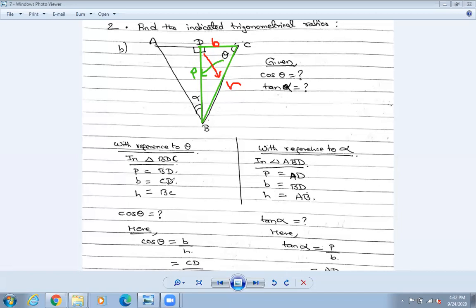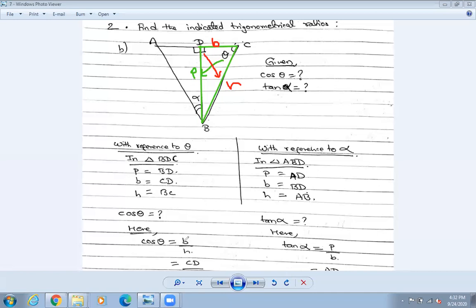Is it okay? Now, what do you need to find out? Cos theta. Alpha is for the other triangle. Here is theta. So we need to find out the value of cos theta. What is the formula of cos theta? B by H.